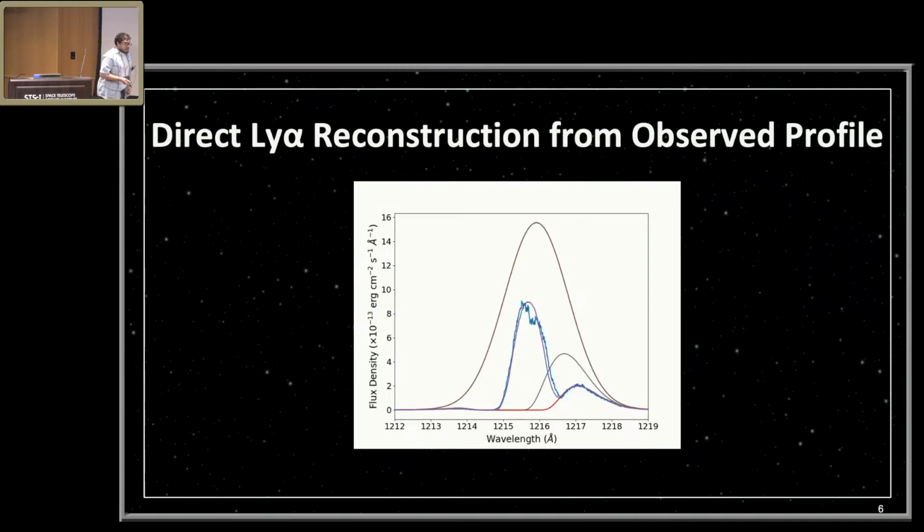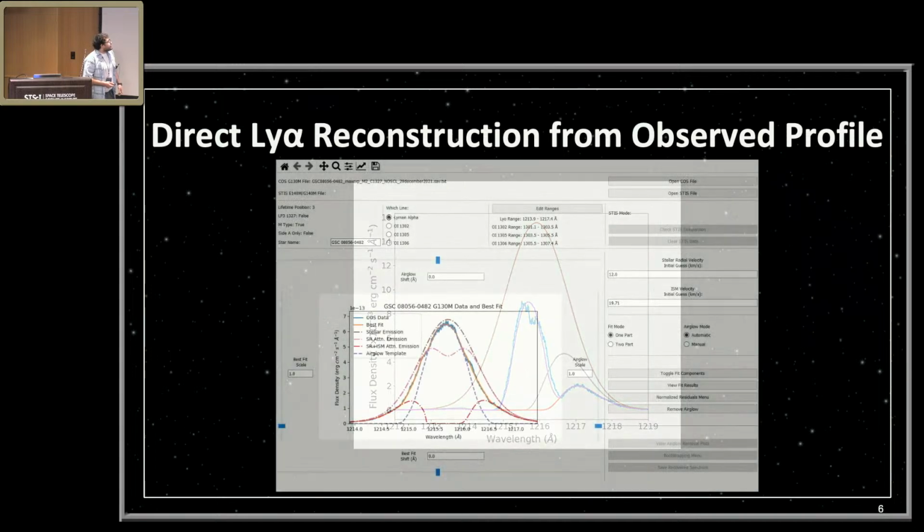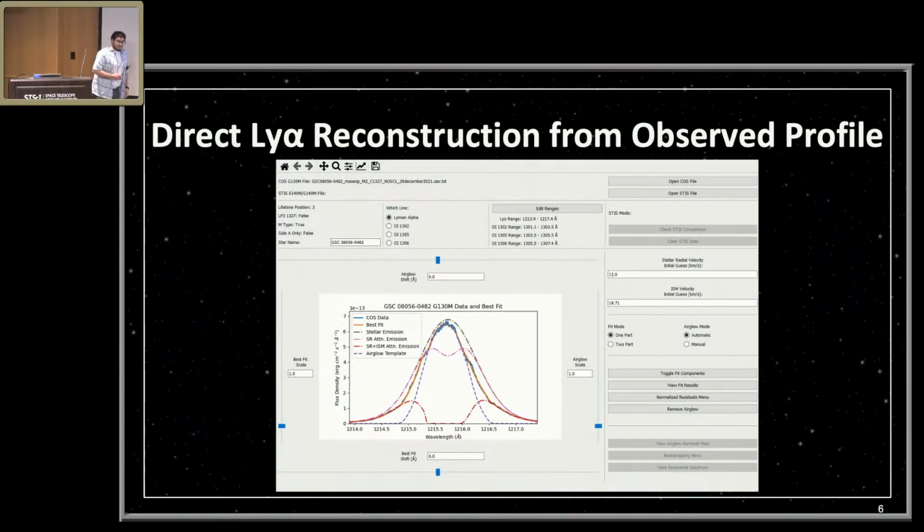An alternate method is to perform direct Lyman alpha reconstructions based on what we see in our observed profiles, and there's an example of what that looks like here. The COS data is in blue, and then we can fit all of these different sources of emission and absorption to reconstruct and go back to what the Lyman alpha profile originally looked like before going through all of these things. And this is actually something I've done before, not quite for T-Tauri stars.